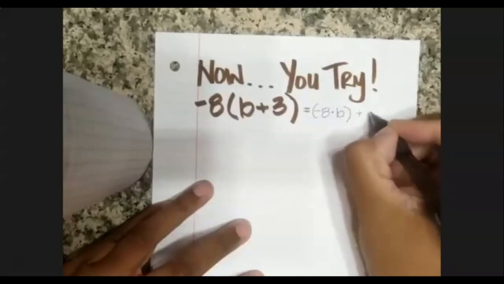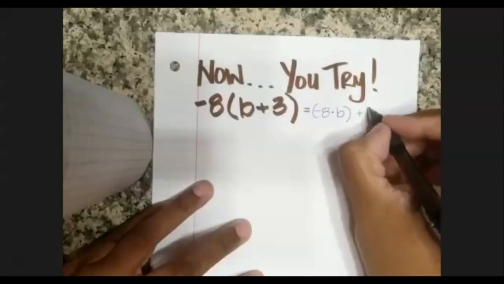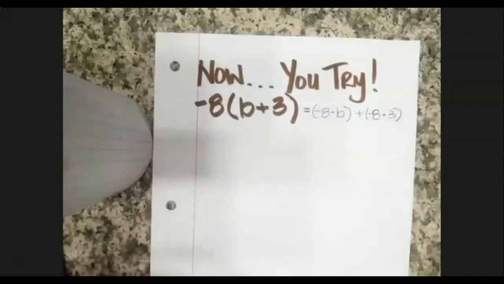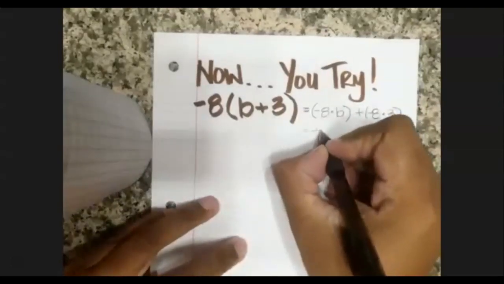That is extremely important. So notice I have -8 times b. I didn't draw the arcs this time because we want to move away from that. But if you need to draw those, feel free to draw those.